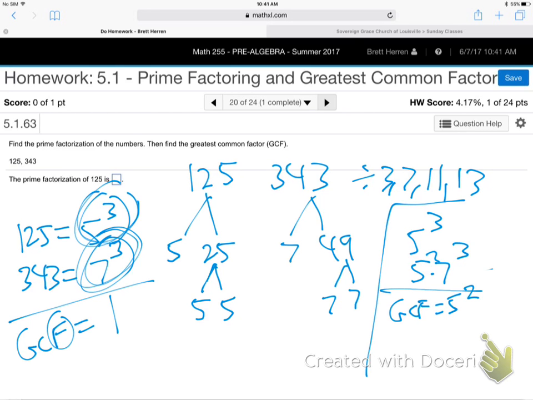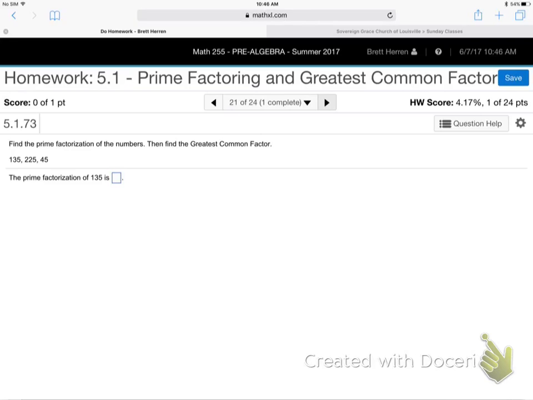Now there is another easier way, but since they're making us do that prime thing, from there the easiest thing is just to look at them and say, what do they have in common? There's a way to do it from the beginning without breaking them down at all, but they're making us break them down, so might as well stick with this. A lot of number work there. All right, try that one. Take the 135, break it down.